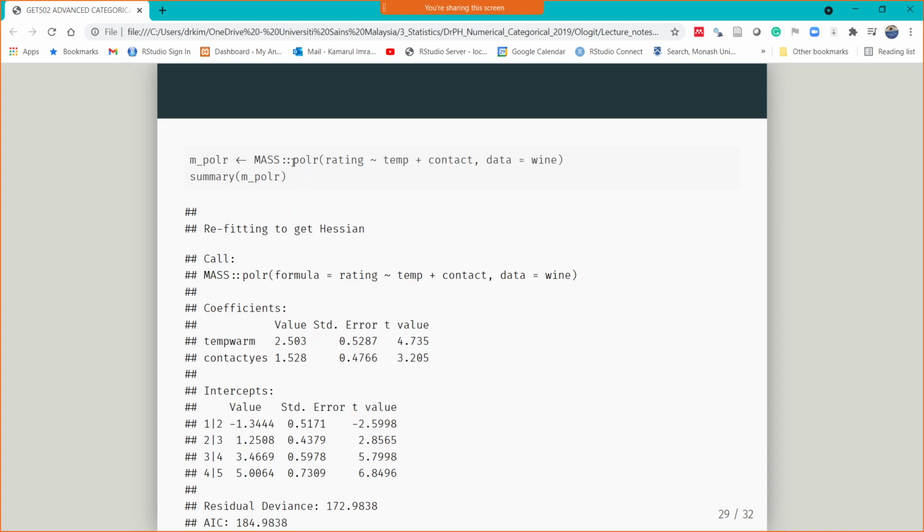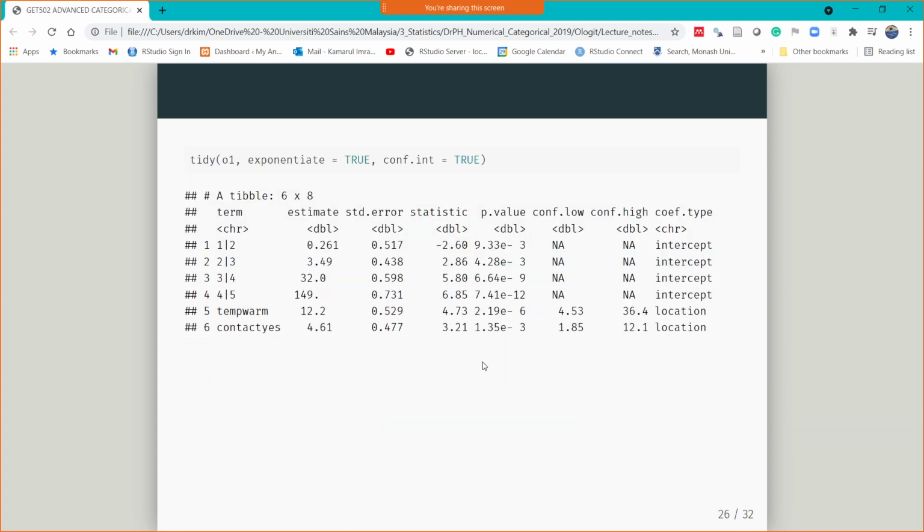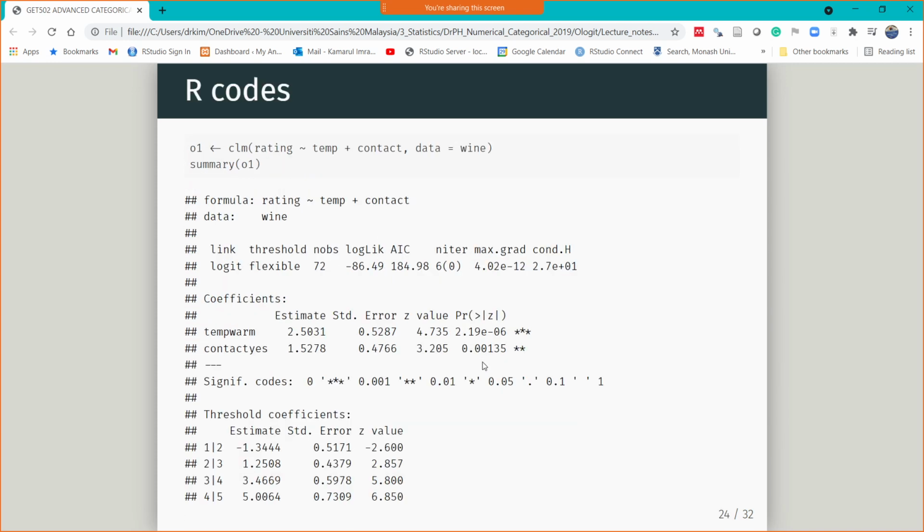You can also use the polr function from the MASS package. Same formula here, same arguments. It uses the Hessian method, and if we look at the value here, 2503158, let's see.